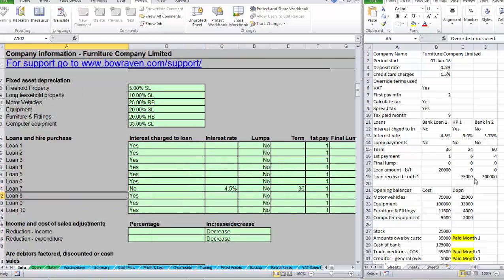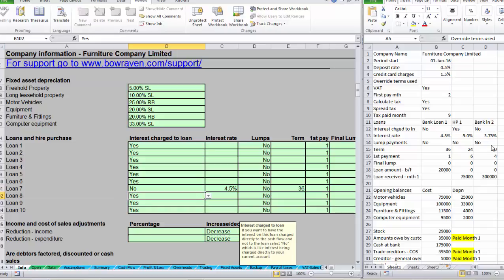There's also a bank loan 2 here, and interest charge to loan, again in this one, is no. Charged straight to the cash flow, and the interest rate here is 3.75%. No lump payments. Term is 60 months, and the first payment is in month 4.